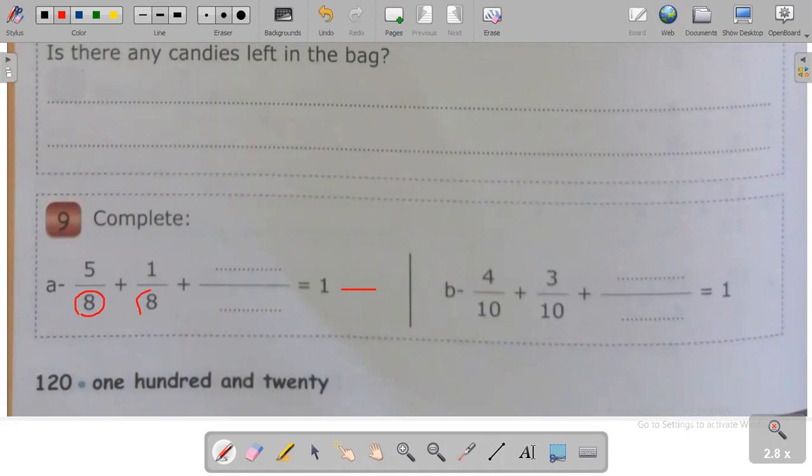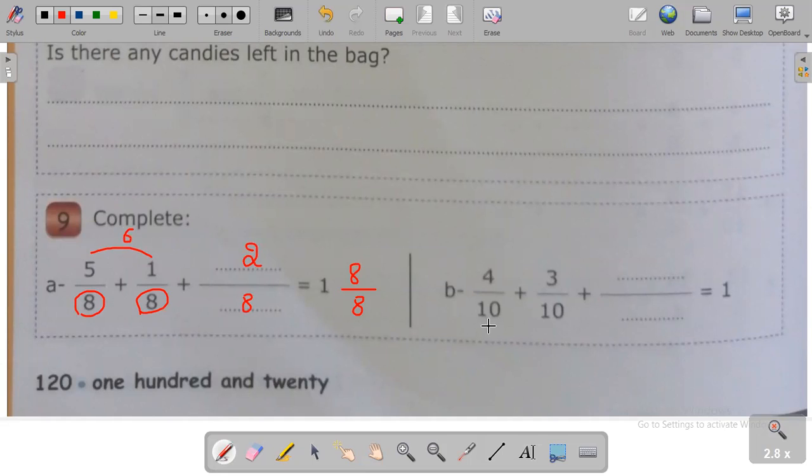So the 1 should be 8/8. All the parts over the total. The total is 8. 8/8. The denominator does not change. And here we have 5 plus 1, 6. 6 plus what equals 8? 6 plus 2.